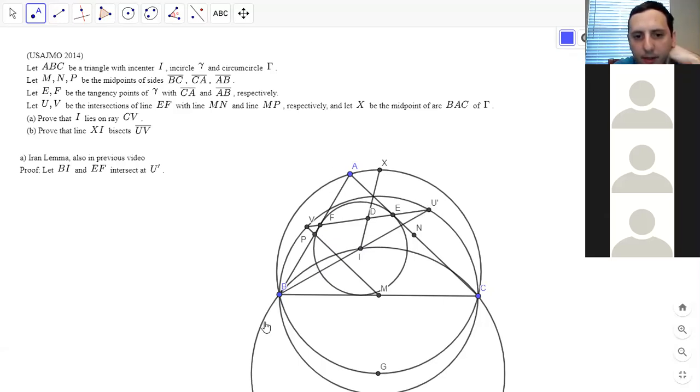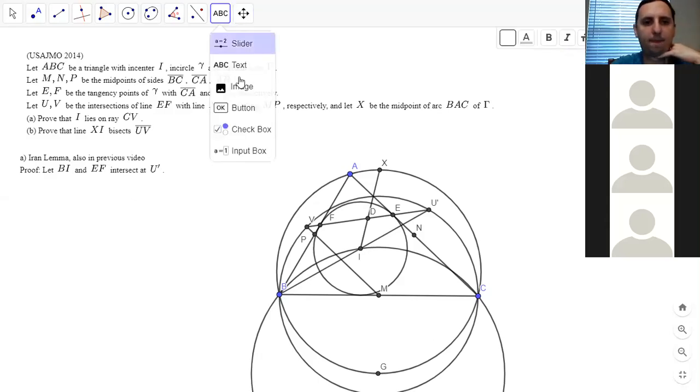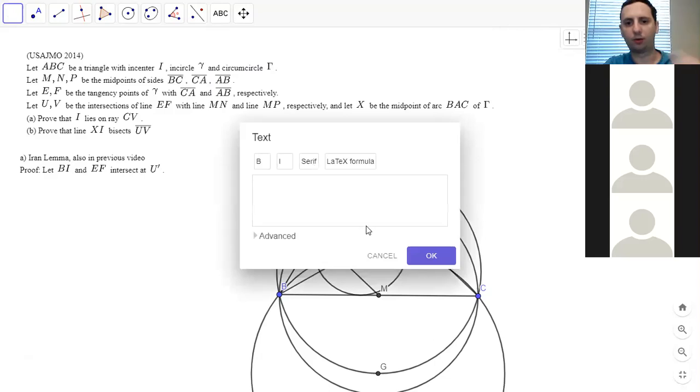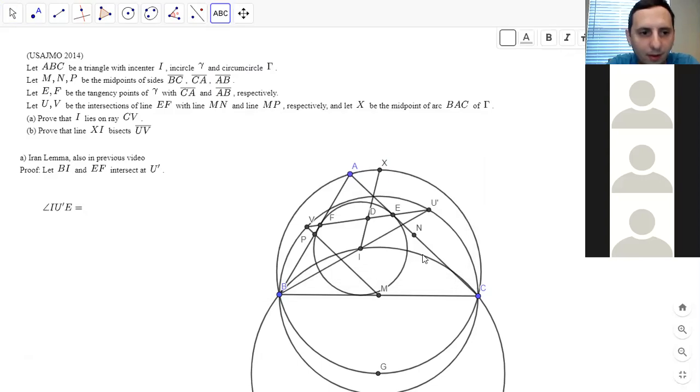So angle IU prime E is equal to angle AFE minus angle ABU prime.